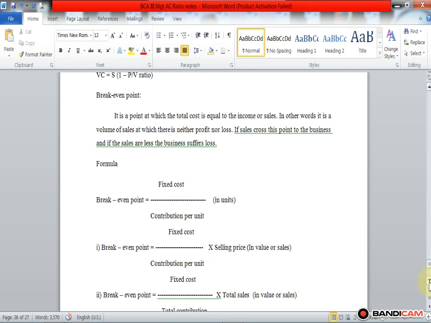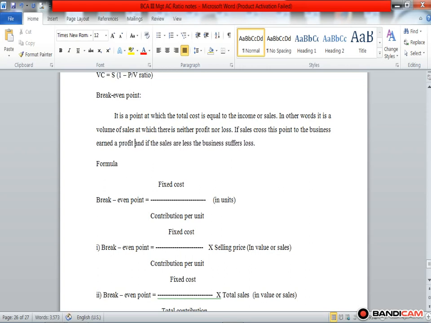In other words, it is a volume of sales at which there is neither profit nor loss. If sales cross this point, the business earns a profit.